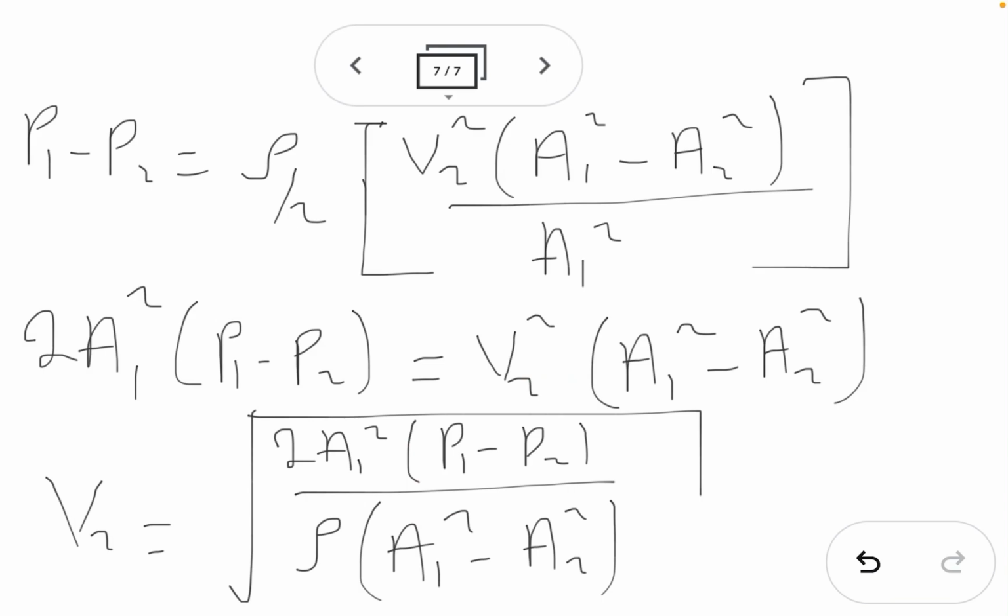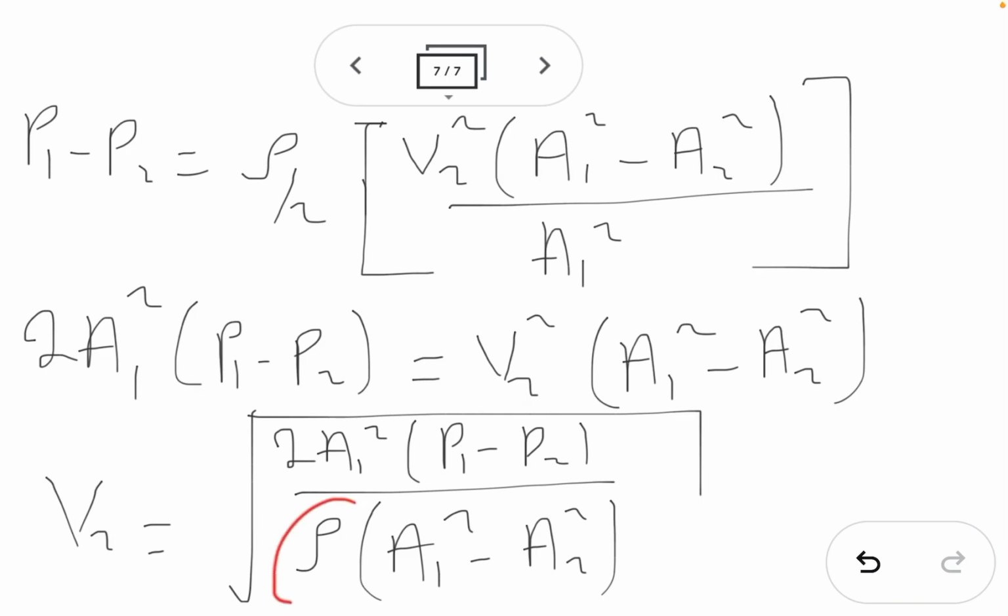From here we simply obtain the areas of each side of that tube and simply substitute here. Make sure the values of these areas are in standard units of square meters. Also the pressure that is given in kilopascals, kindly take it to pascals first. Simply multiply by 1000.